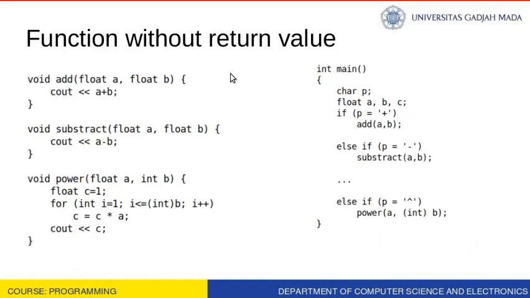So now we will discuss function without return value. So what is the difference between this current program and the previous program? So let us see here that in the first line we have b, this is the same, and then we have a, b, and c for the memory allocation.